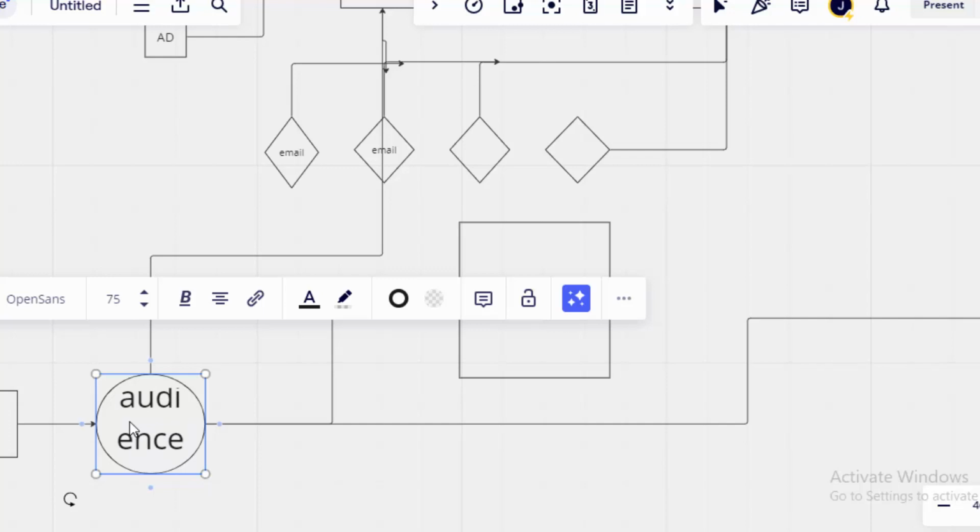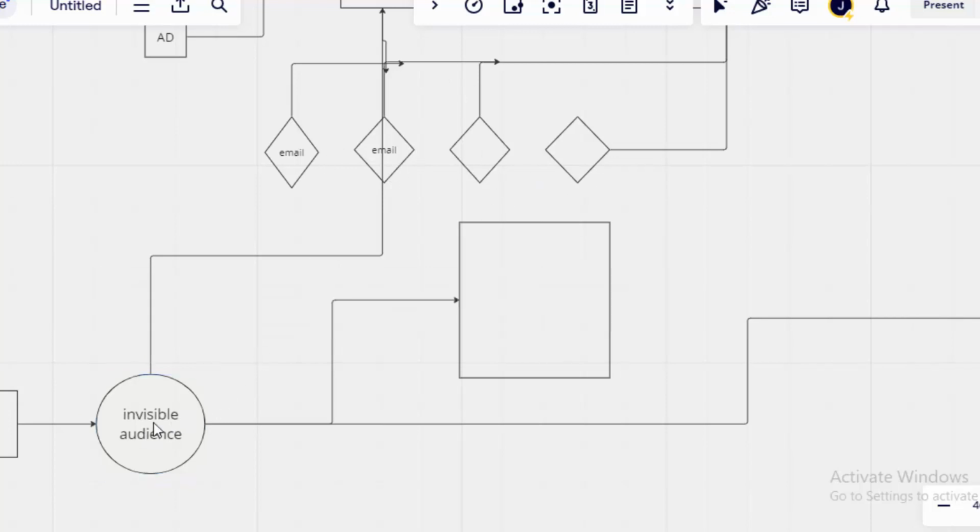It might sound funny, but your invisible audience, of course, is what you get when you are working with Facebook pixels. You're not seeing the audience, you don't know who they are. It's not like the people who opt in here and you put into your email sequence. No, you don't have access to this audience, right?